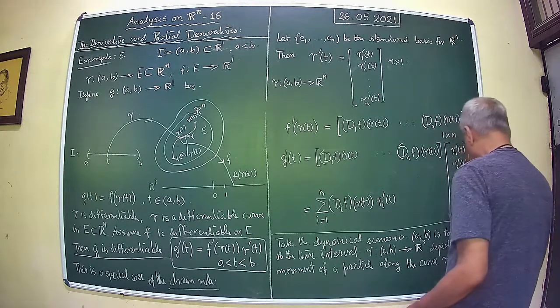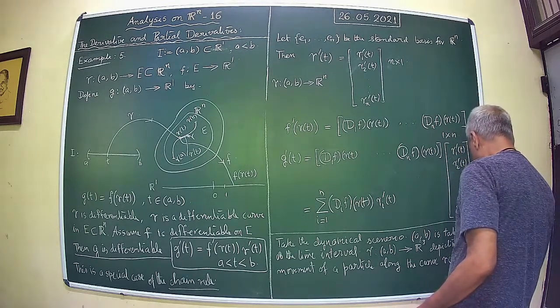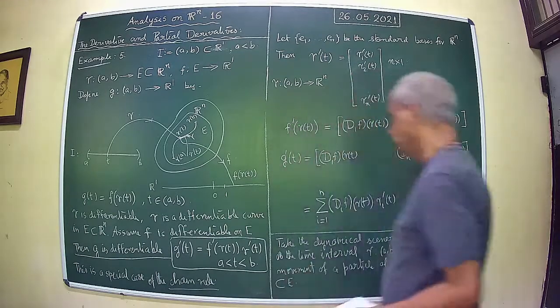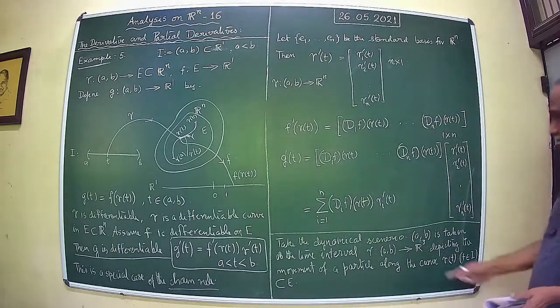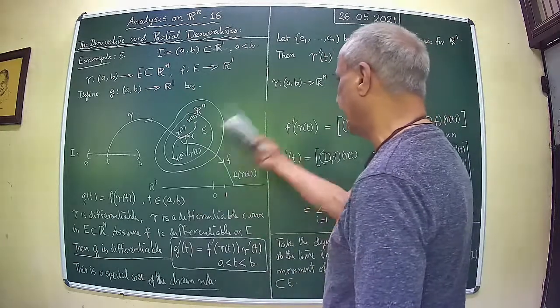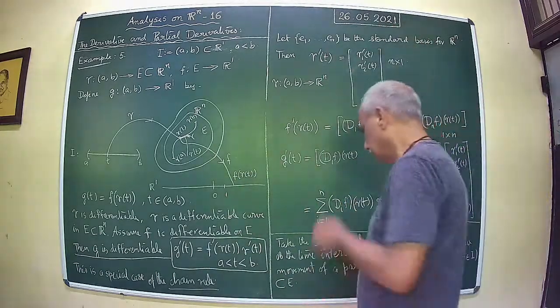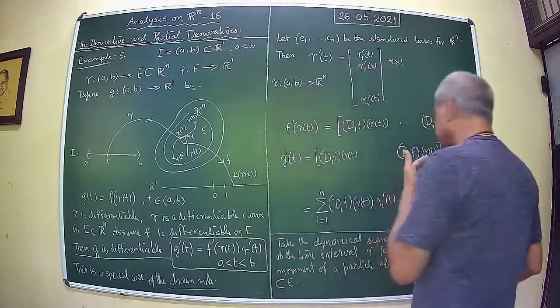So t belongs to the interval, and this is contained in E. Now if the function is differentiable, then you get a differentiable curve. So the smoothness is reflected on the path.